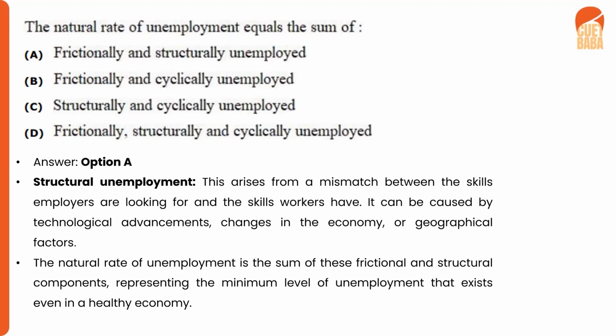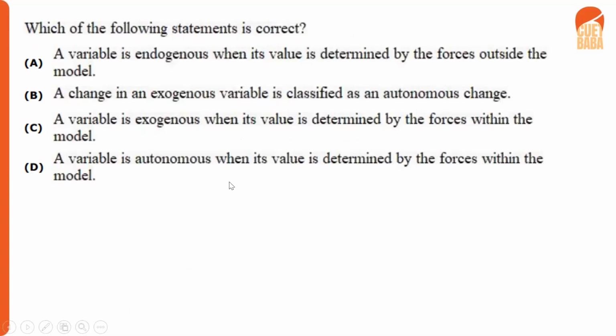So the natural rate of unemployment is the sum of frictional and structural components. It represents the minimum level of unemployment that exists in the economy. So the option is A, that the natural rate of unemployment is frictional and structural unemployment.